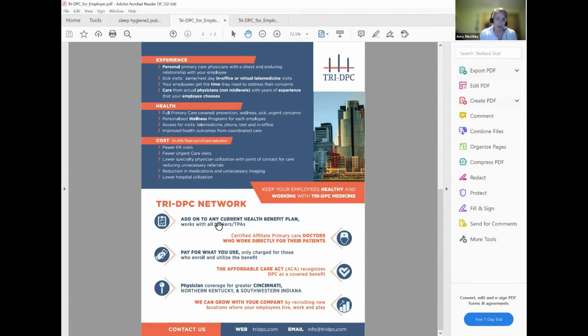And then, again, here are the benefits, like pay for what you use. Some of these other companies that are coming in are saying everybody joins for $65 PMPM, and you have to pay for everybody, whether they choose DPC or not. That's one of the big things. I don't know if you've heard of Marathon Health. And then there's something called Our Health, and Our Health was bought out by Marathon recently.